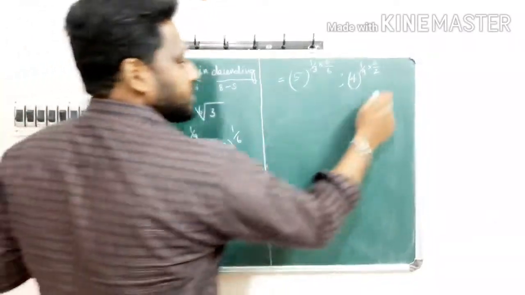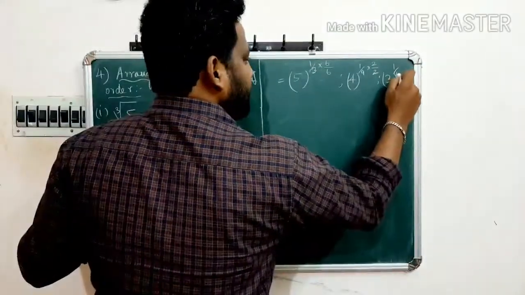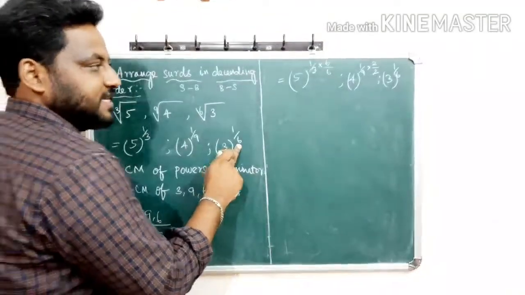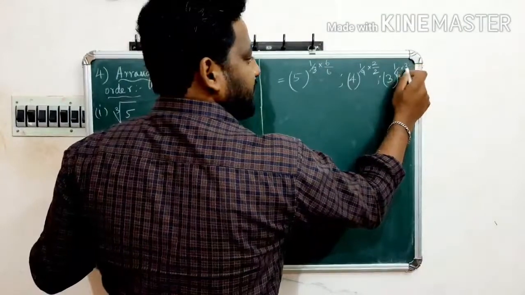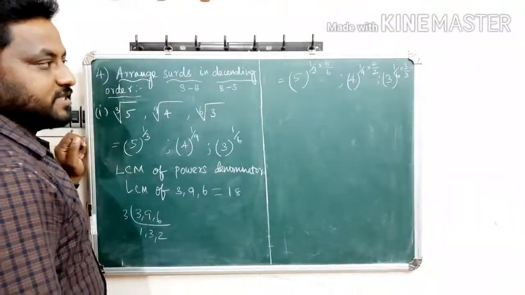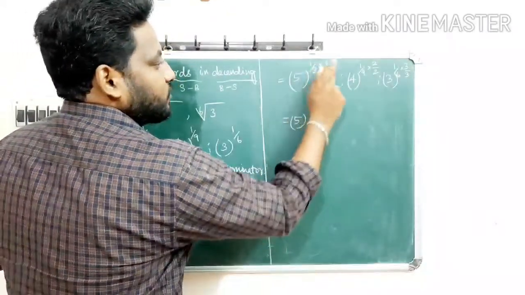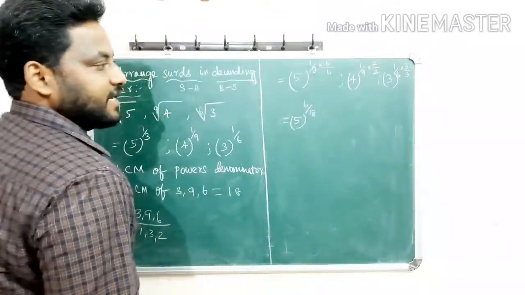And the last number is 3 power 1 by 6. What do we multiply with 6 to get 18? 3, so 3 by 3. Clear? This is a very important 5 mark question. So 5 power 1 into 6 is 6 over 3 into 6 is 18, that is 6 by 18.